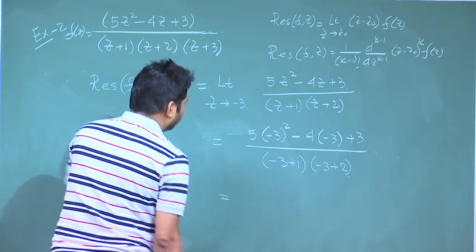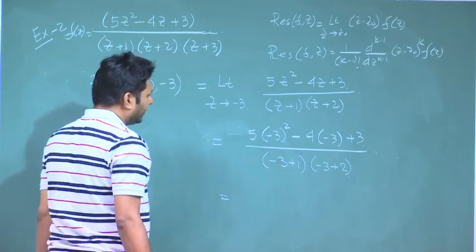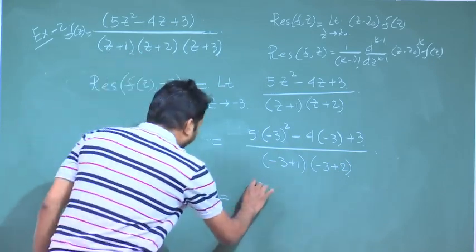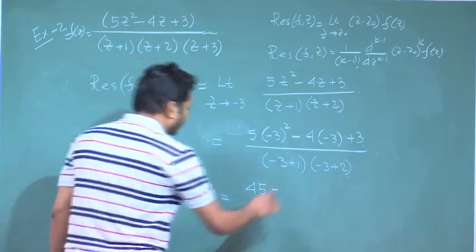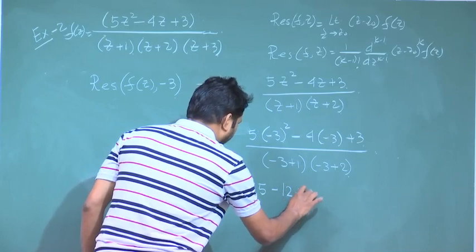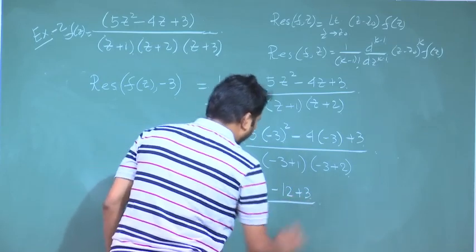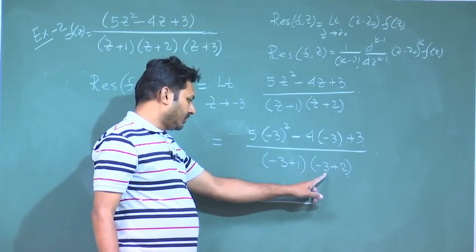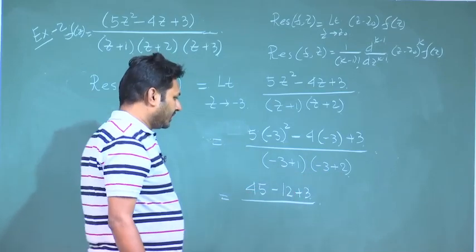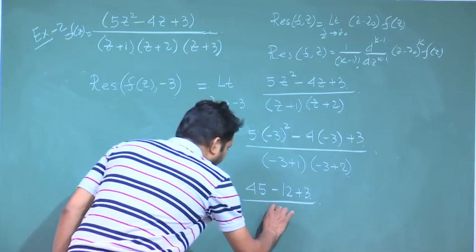So, it is 5 times 9, so 45, plus 12 plus 3, divided by this quantity, which is minus 2, multiplied by minus 1, so we have 2.